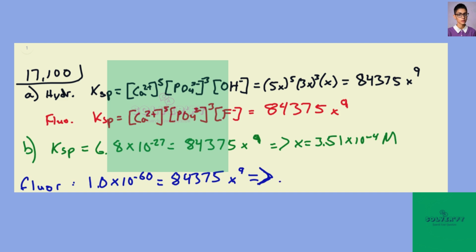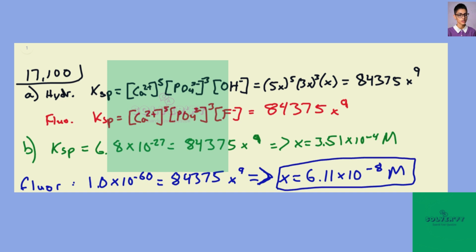And we get x is equal to 6.11 times 10 to the negative 8 molar. So you can see now how adding the fluorine to this reduces the solubility of hydroxyapatite by a factor of 4.